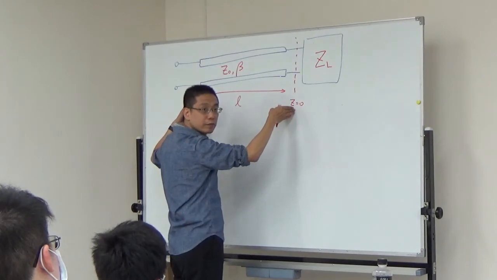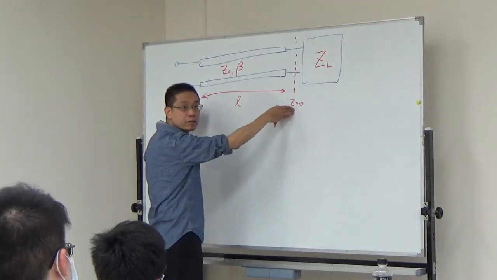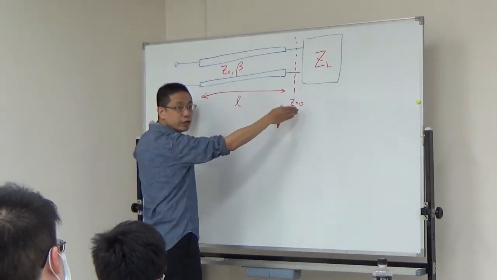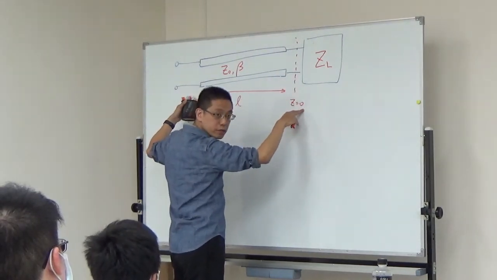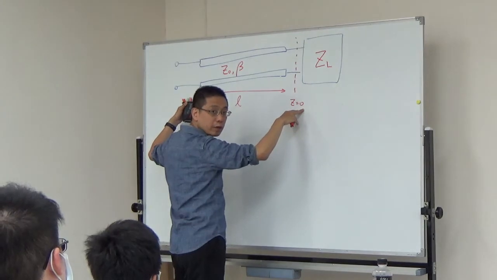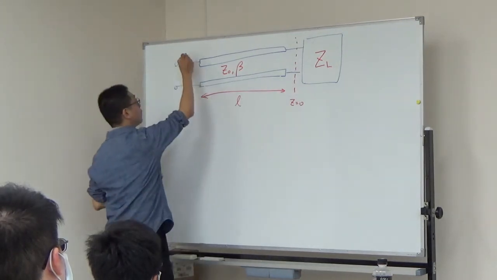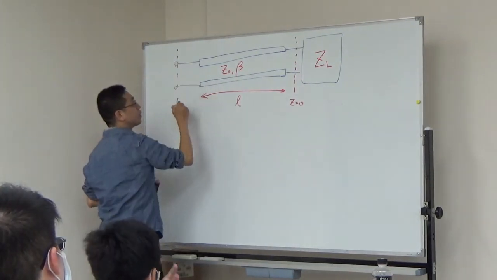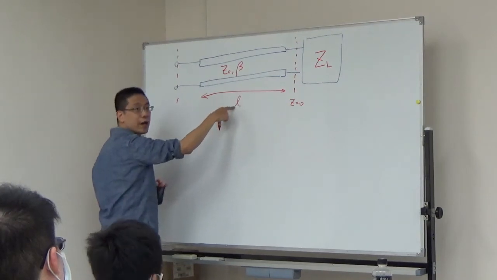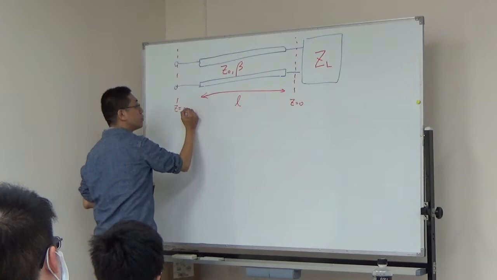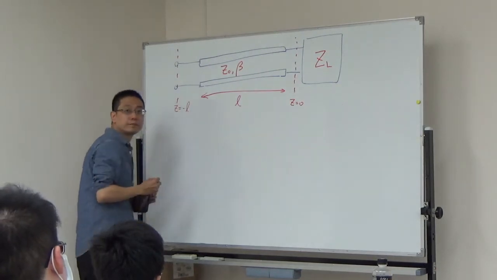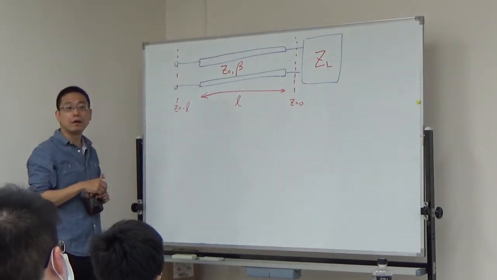We use the coordinate only in this direction, and at this point Z equals 0. Anyone has a problem? No? Okay, so at here, because the length of the transmission line is L, Z equals minus L. No problem.